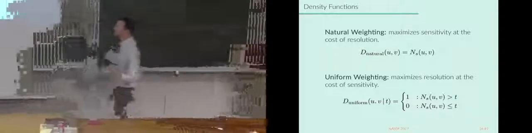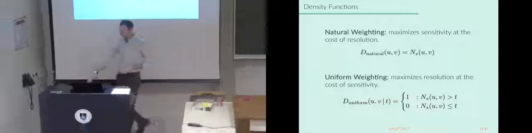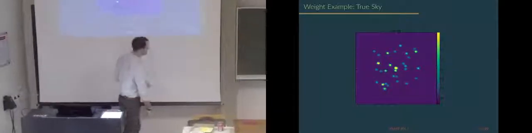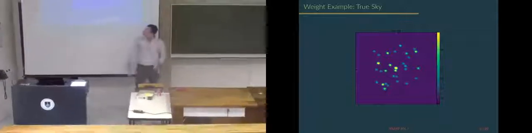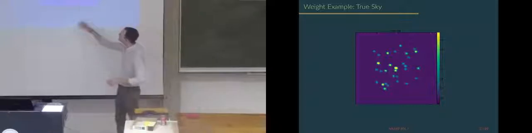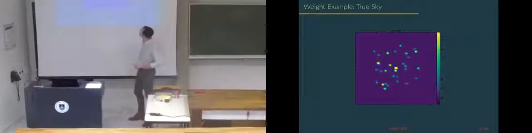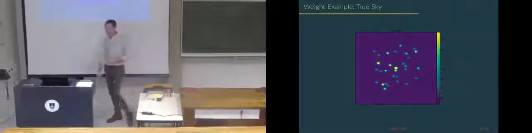These are two extremes, and they produce very different effects. So let's take a very simple sky model for Cat 7. Say we have a sky filled with a bunch of Gaussian sources. They're basically just stars or galaxies, whatever, with different intensities.